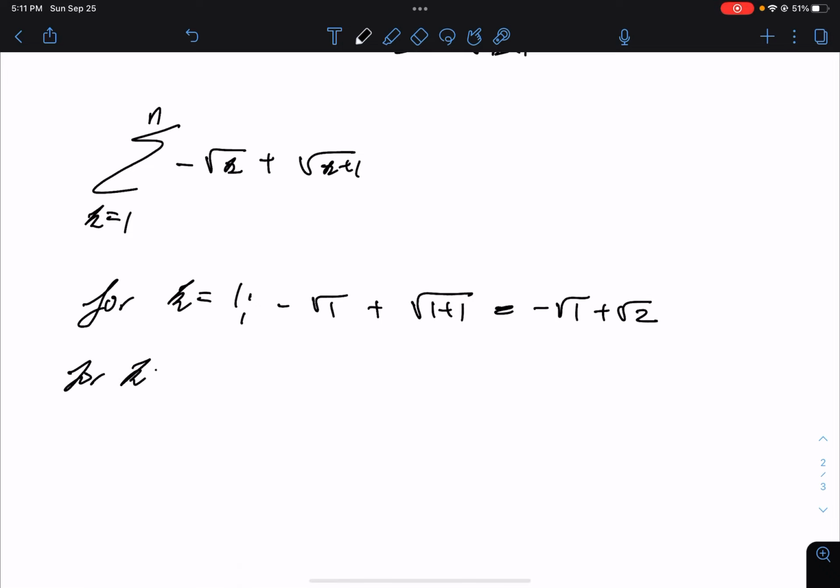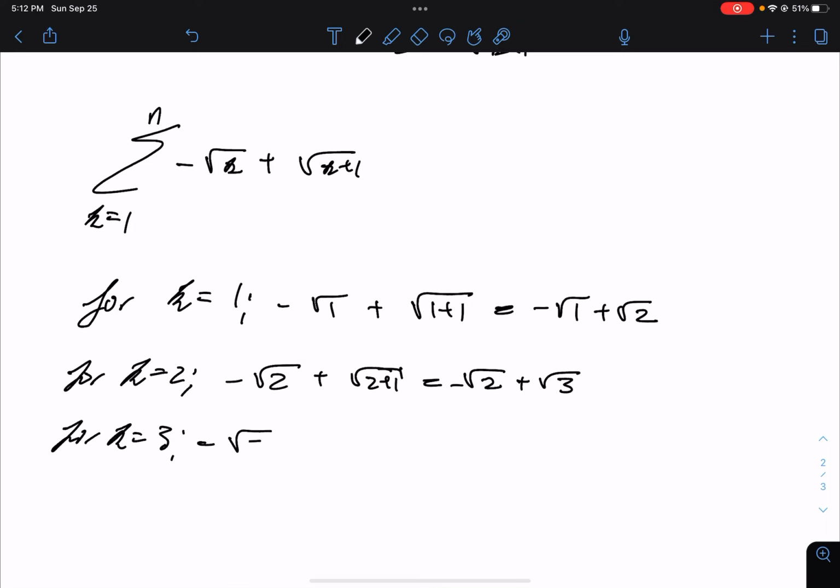For k equal 2, we have minus square root of 2 plus square root of 2 plus 1 equals minus square root of 2 plus square root of 3. And let's just go one more time. For k equals 3, we have minus square root of 3 plus square root of 3 plus 1 equals minus square root of 3 plus square root of 4.